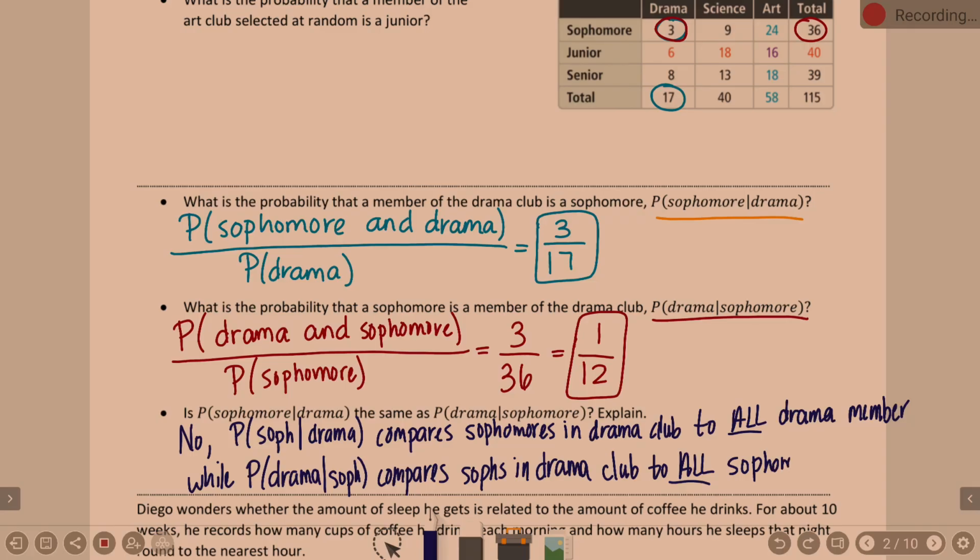Okay? So it all has to do with what you're comparing to. And that's where you've got to understand the idea of conditional probability. It's easy enough to find the numerator. You've got to know what goes in the denominator. Okay?